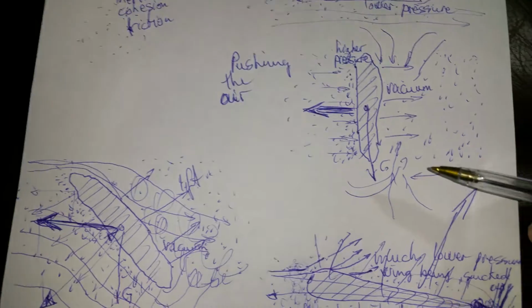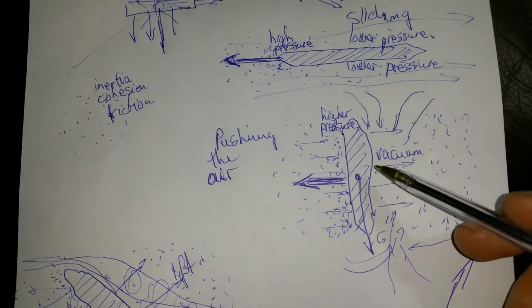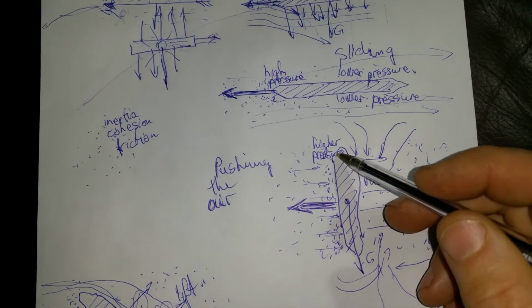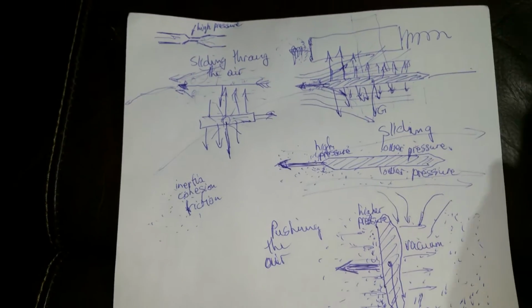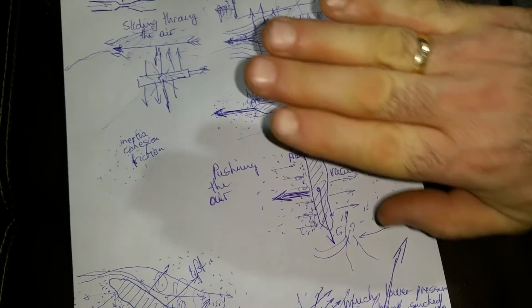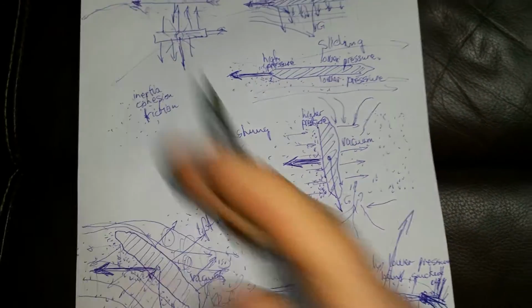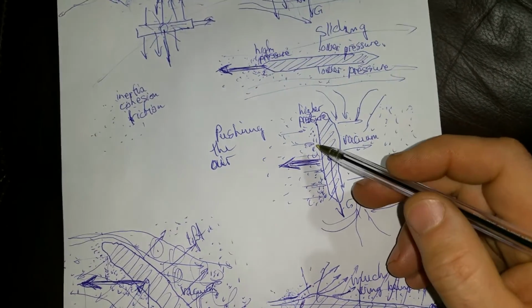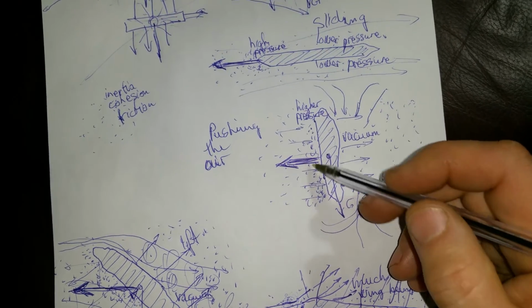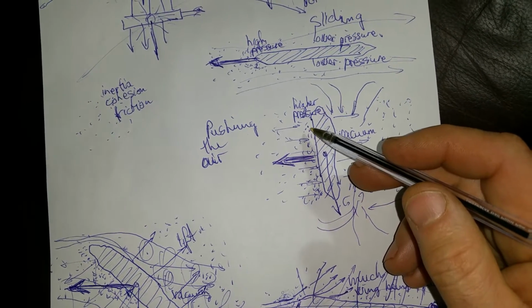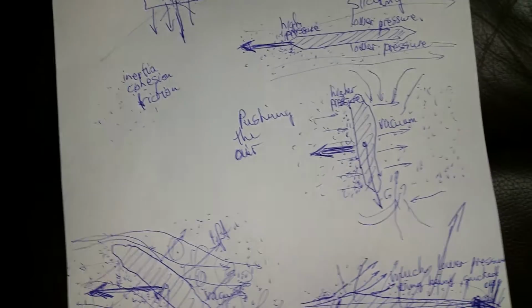So I'll go to the other extreme. Instead of having the flying plank like that, I'm going to tilt it vertically, 90 degrees, but it's still a surface that moves through the wind. So you'll have a high pressure here, because this one is going to encounter lots of resistance.